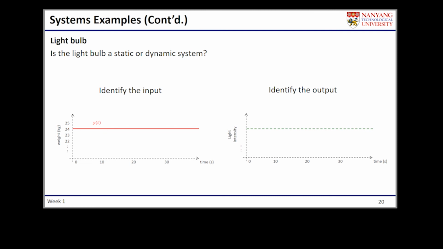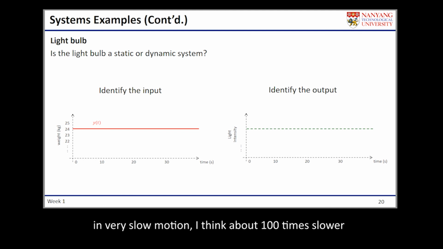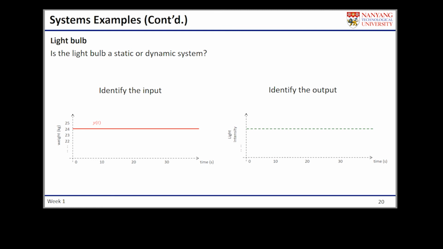But now I have a video here, the video of the light bulb after I switch on the light. But I will run this video in a very slow motion, about 100 times slower than the normal rate of a video.